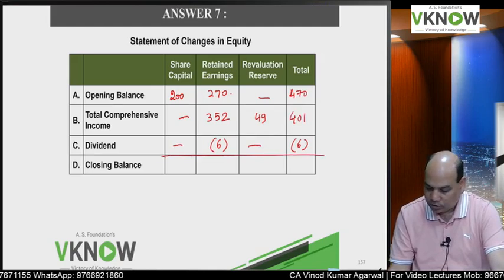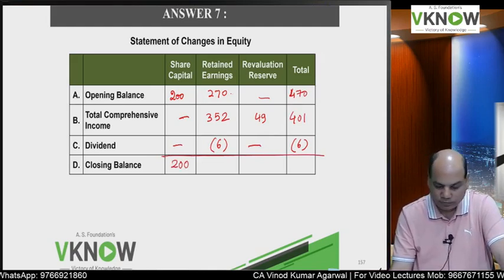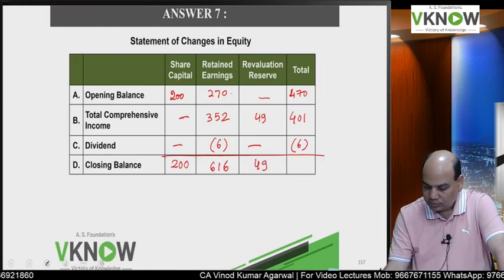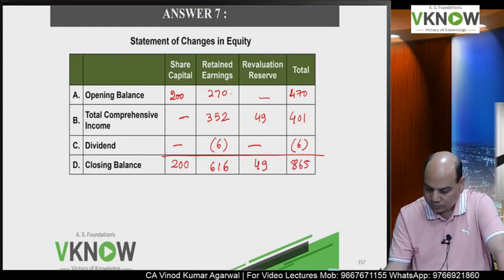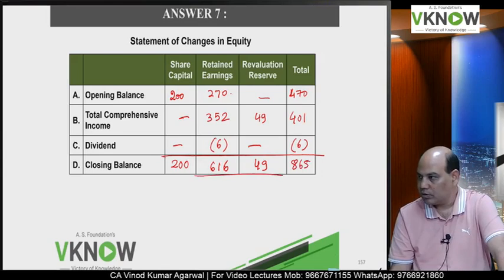Now take vertical total. 200. Second column. 616. 49. Last column. 865. Is it right?